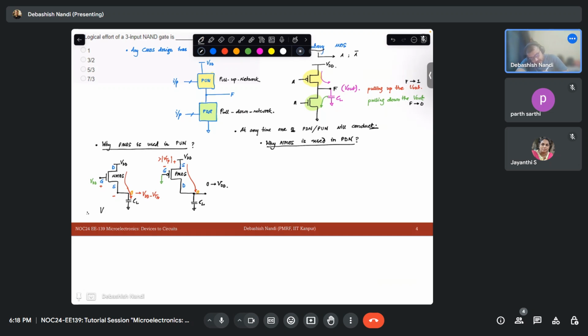So your VGS is changing here. VGS is basically VDD minus Vout, right? This node voltage is your Vout. So my VGS should be greater than or equal to the threshold voltage for my NMOS to be on.